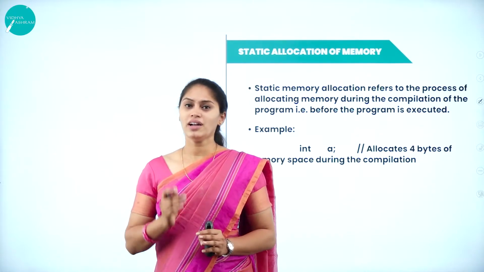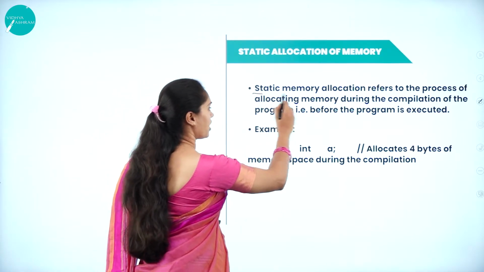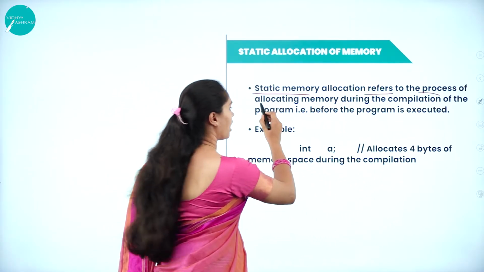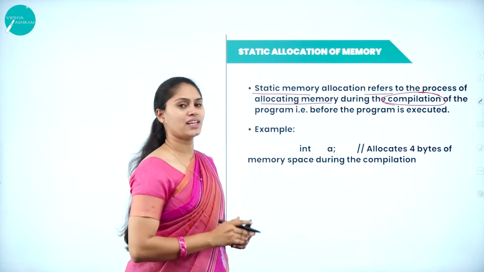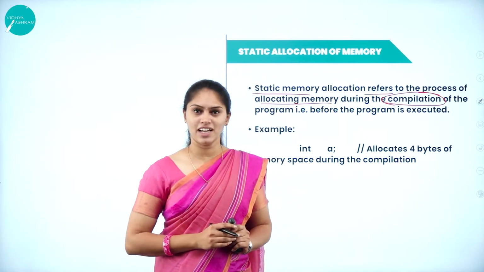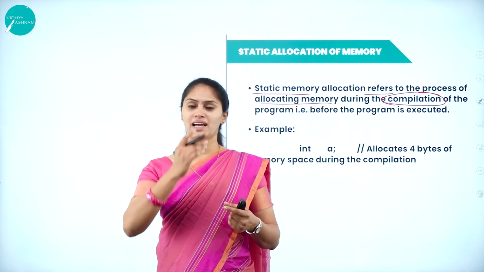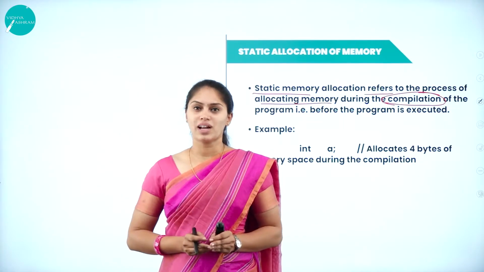That is nothing but static allocation of memory. Static allocation refers to the process of allocating memory during compilation. So we have to compile, then check whether there are any errors or not.